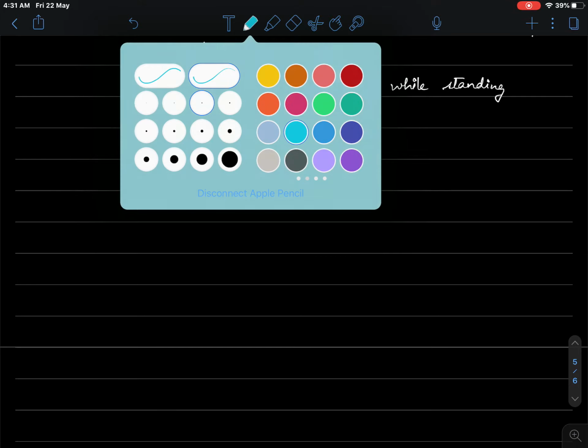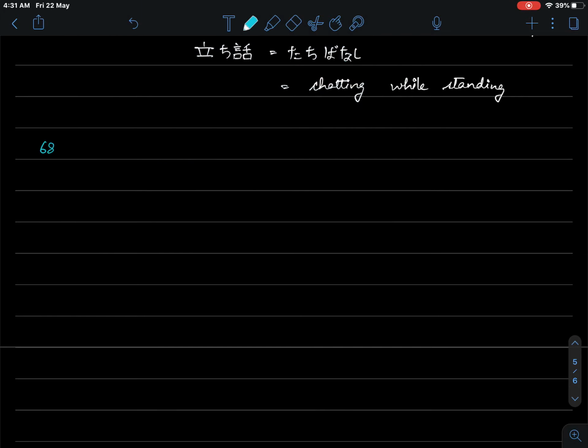Let's look at the next kanji. This is kanji number 68.